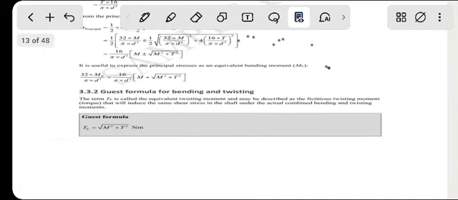Here they derive this formula. The useful one is this one here. Firstly, we have this formula there. You say this is a useful expression.